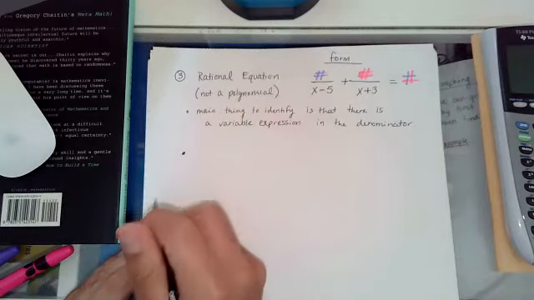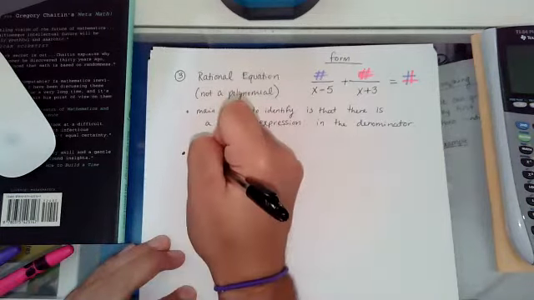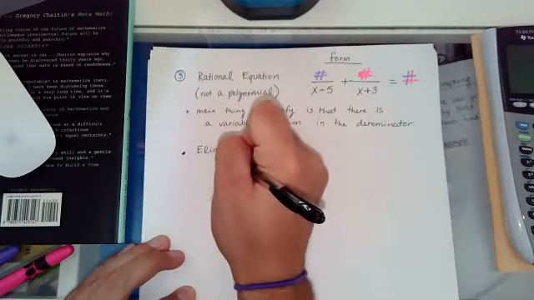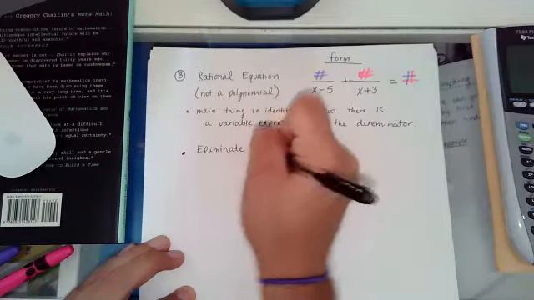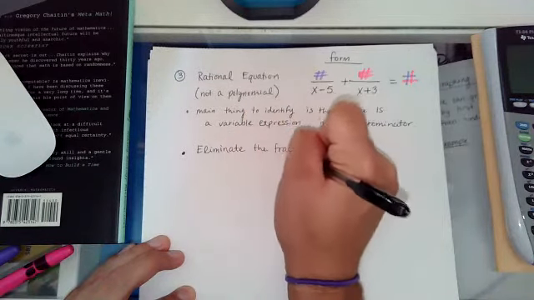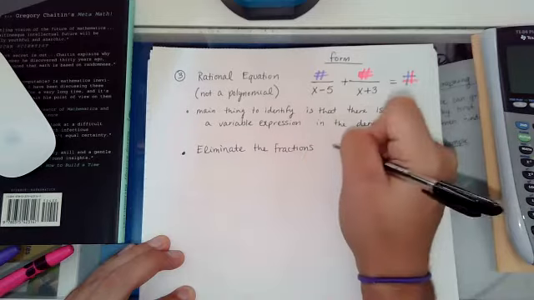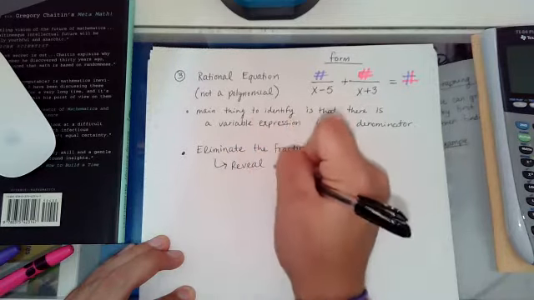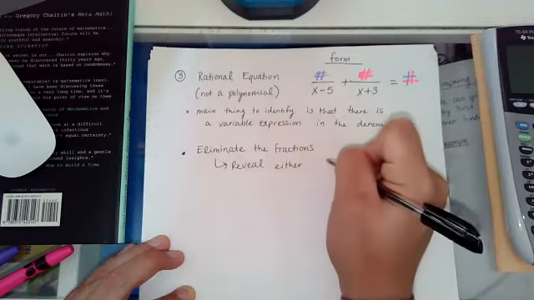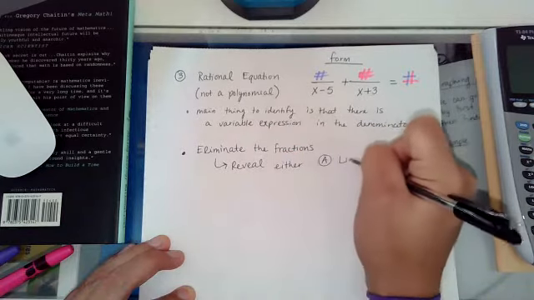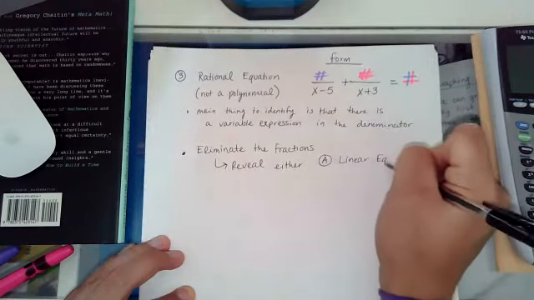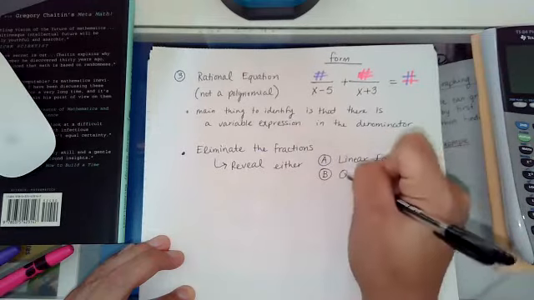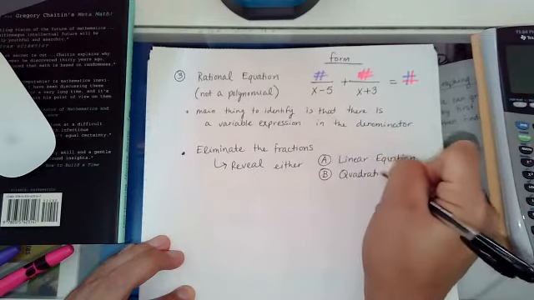One other note about rational equations is that we're going to try to eliminate the fractions. But this will reveal either a linear equation or a quadratic equation.